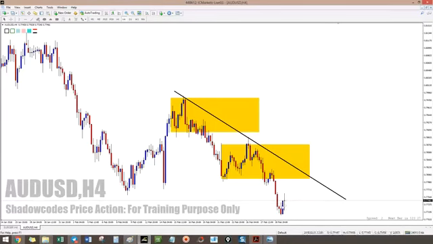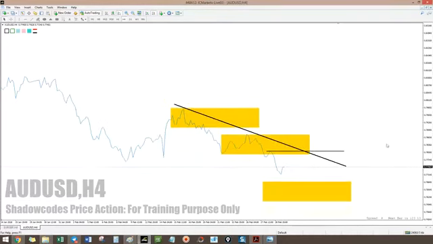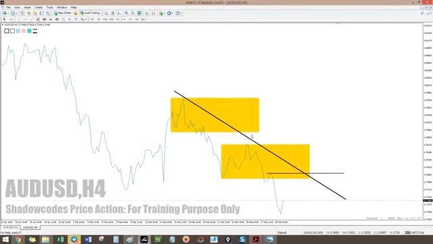So for this to be a valid QM, it needs to break this first. The last swing over here, you need to break here first to make it valid as an excessive. So right now we do not have an excessive market yet.